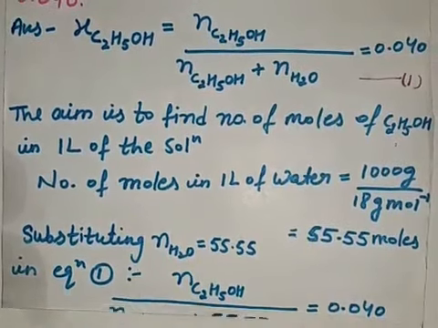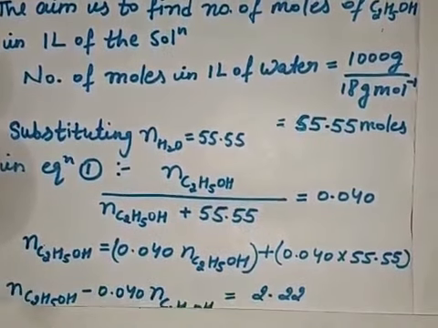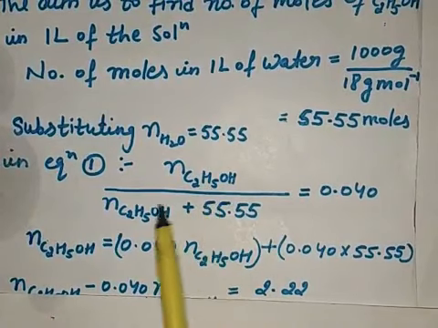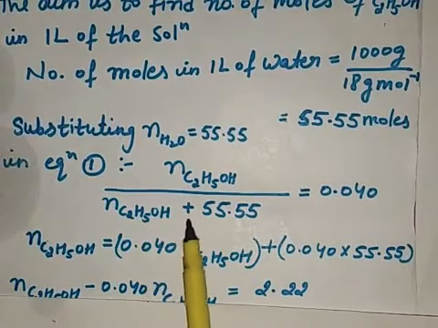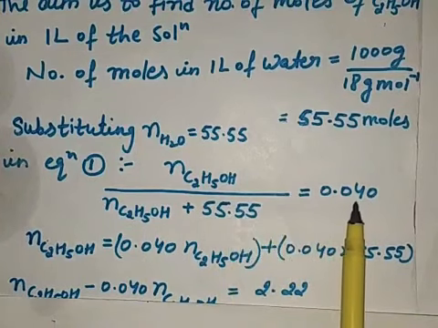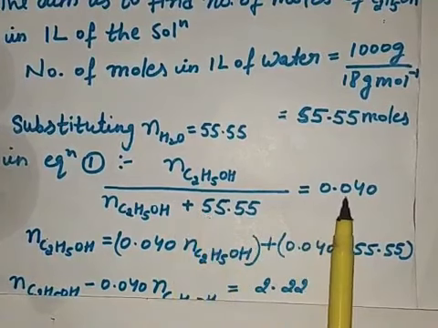When you put the values, the number of moles of ethanol divided by the number of moles of ethanol plus the number of moles of water is equal to the mole fraction of ethanol. Here we will shift the denominator to this side.